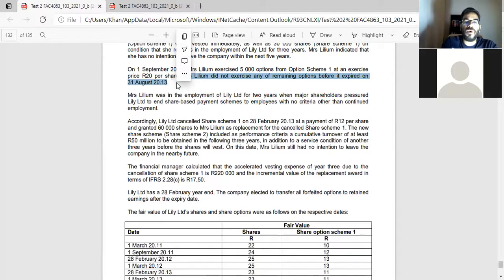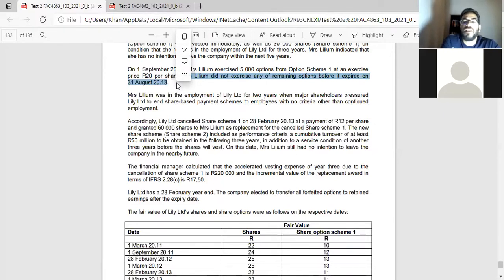When 31 August 2013 takes place, the options expire, so no cash is happening. What you would do is simply remove it from the share-based payment reserve. You will debit the share-based payment reserve, which is no longer there, and take it to some other equity balance, typically retained earnings.